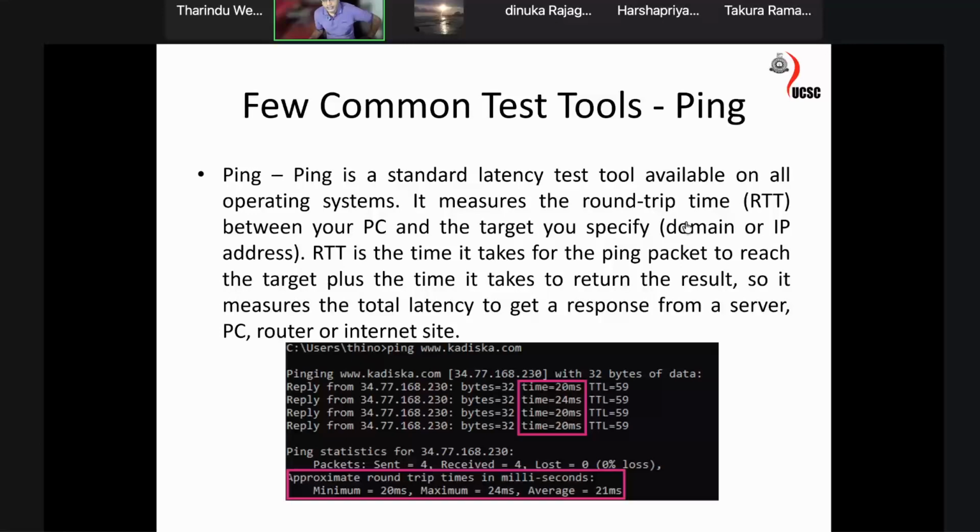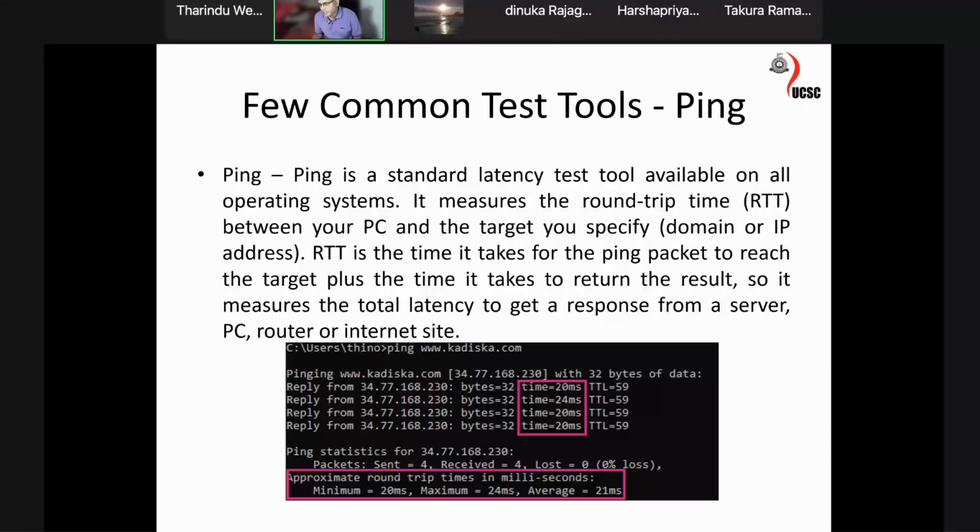Ping is a standard latency test tool available on all operating systems. It measures the round trip time between your PC and the target, your specified domain name or IP address. The round trip time is the time taken for the ping packet.